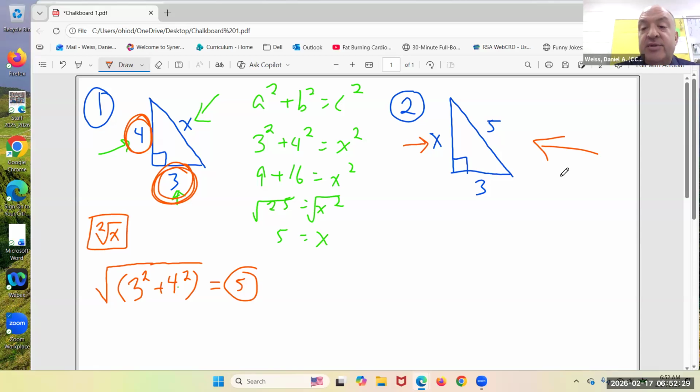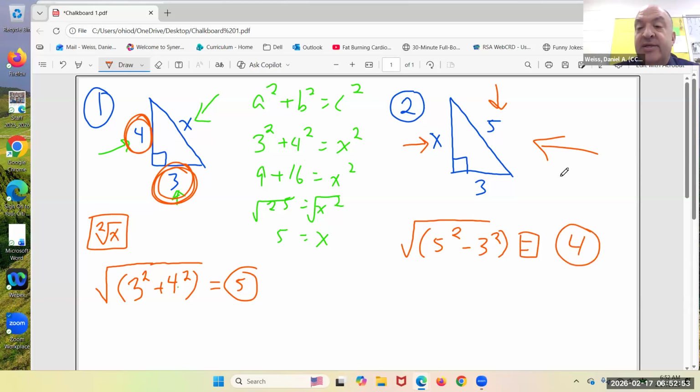But here in number 2, you're going to do 5 squared minus 3 squared. So again, hit the square root key on your calculator, and then you type 5 squared minus 3 squared. Close the parentheses and then hit equals. And notice you will get 4. Try it. Make sure you understand how that works, okay?